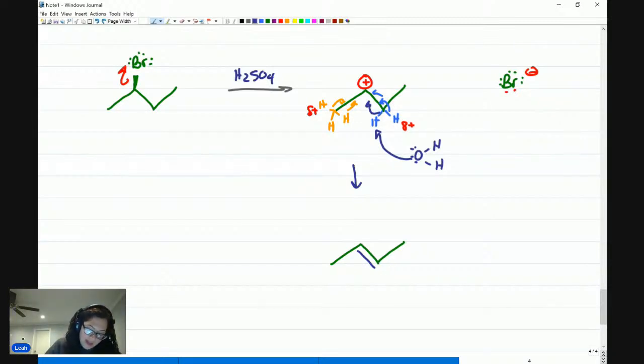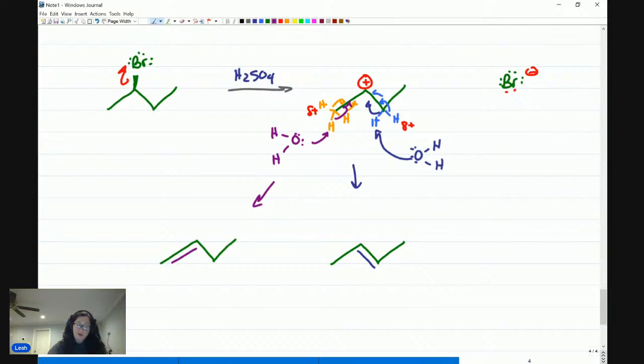But if I had a different water molecule floating around the solution, and this water molecule decided to grab the orange beta hydrogen from the other side, giving it back its electrons, that would give me a different pi bond. That would give me a pi bond sitting right here between the terminal alpha and beta for a completely different product. 1 butene versus 2 butene.